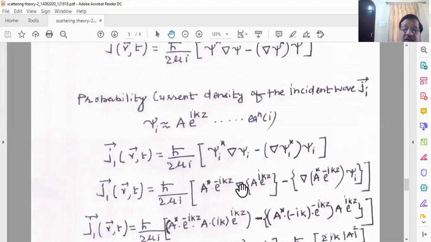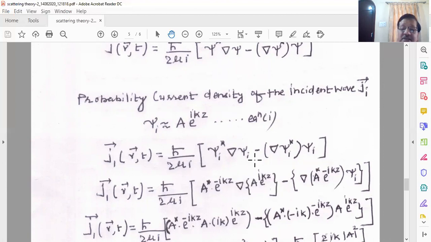Gradient of this basically gives you the space variation. It is a differential operator. So when the gradient operator operates on this operand, A e to the power of ikz, it will differentiate the function with respect to the z axis, because this is the operator which always differentiates, right?